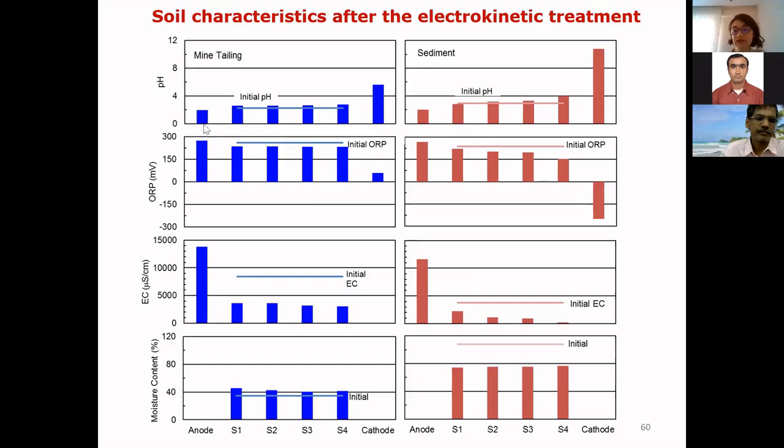Mine tailings didn't show any significant pH change, and ORP in the mine tailings was uniform, but sediment showed a negative ORP in the cathode side, probably due to the alkaline environment. EC values, electrical conductivity values, decreased after the treatment due to the removal of ions.